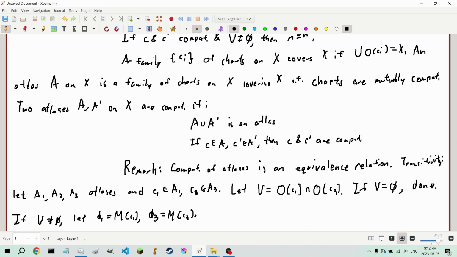And by symmetry, we can just show that phi3 composed with phi1 inverse is analytic on the image phi1 of V. Okay.